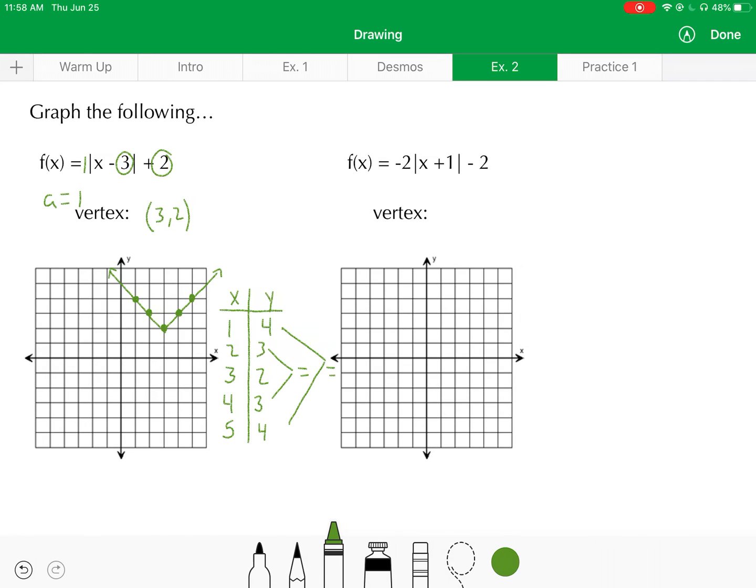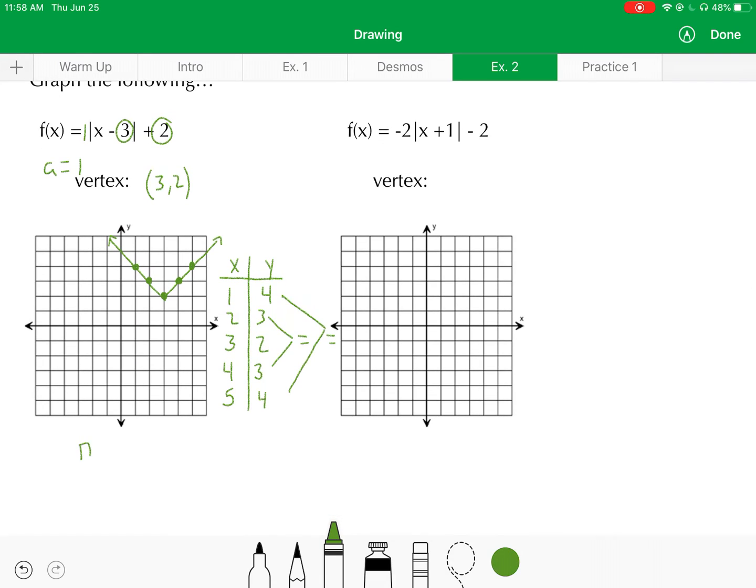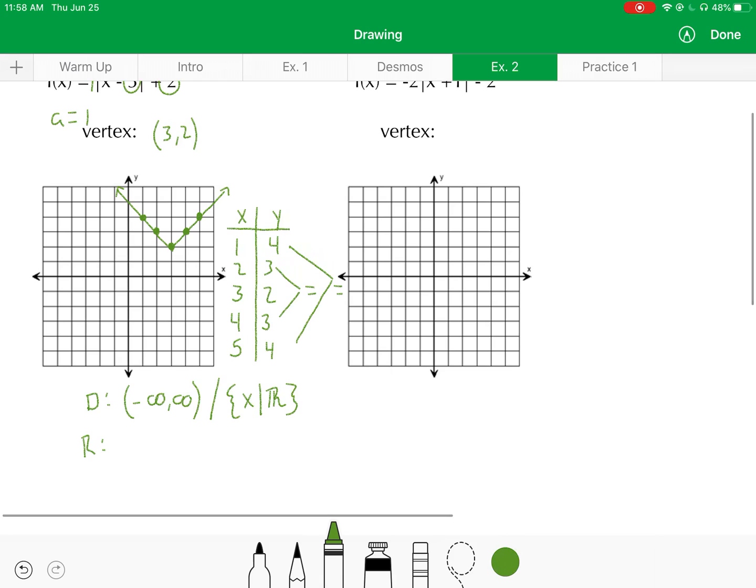All right, what is the domain of this graph? Well, again, domain for any absolute value function is all real numbers. And the range is going to be based on the fact that the graph opens up and the y-coordinate of the vertex is 2. So it's 2 up to infinity.